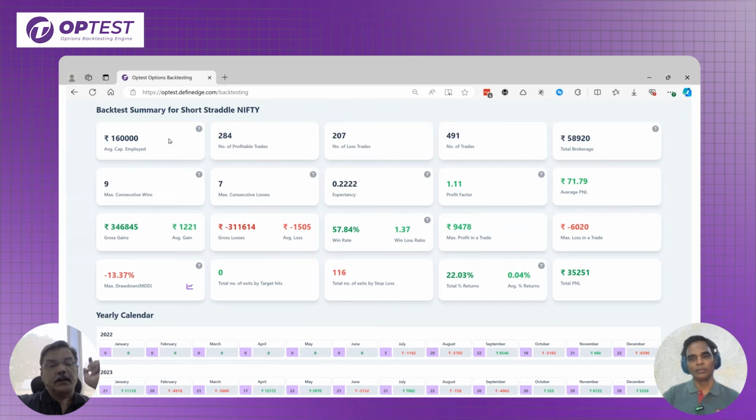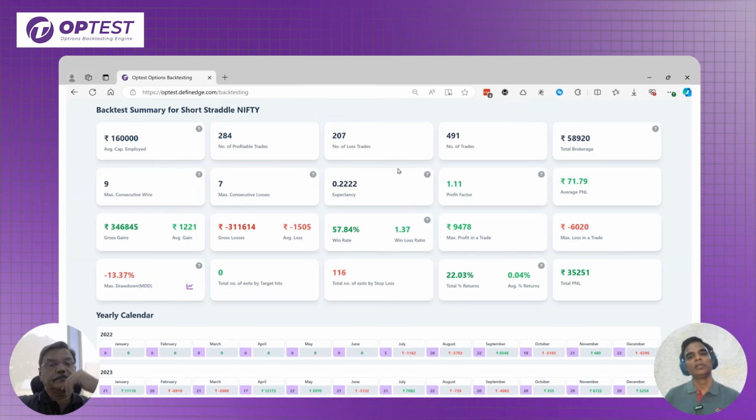Raghunath, 116 stop losses were hit doesn't mean that the other trades were in profit. There might be a case where there are lots of trades which did not hit the stop loss but were still in loss, and they were exited at 3:20 p.m. in loss. Yes. So in the case of only loss trades, whatever is left after we remove this from this are those which exited at 3:20 with some loss.